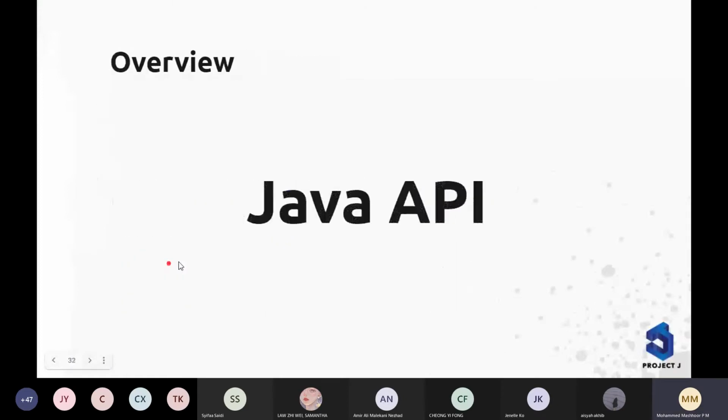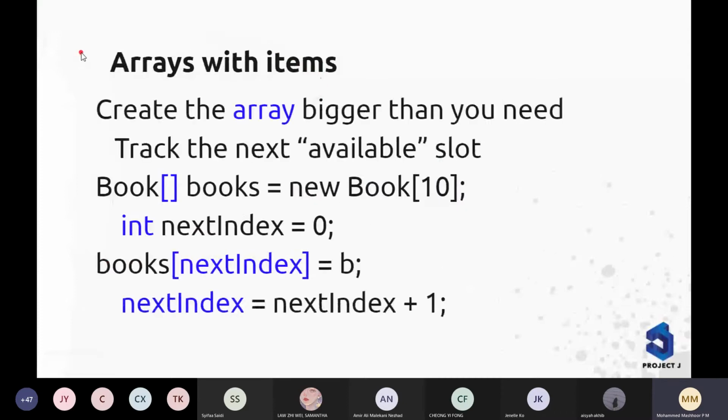Next we will look onto some predefined classes in Java. Before starting off, I will point out some limitations that we have come across in arrays. You may have learned about arrays in the third session, if I'm correct.